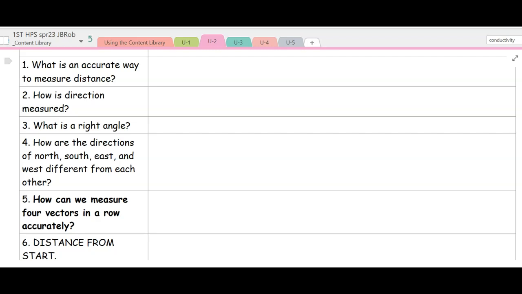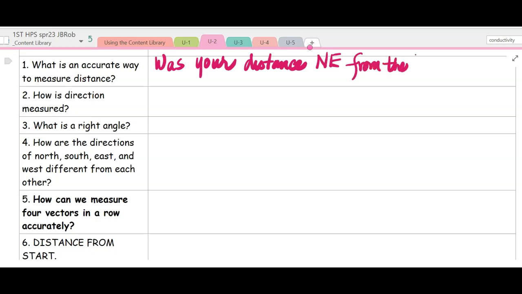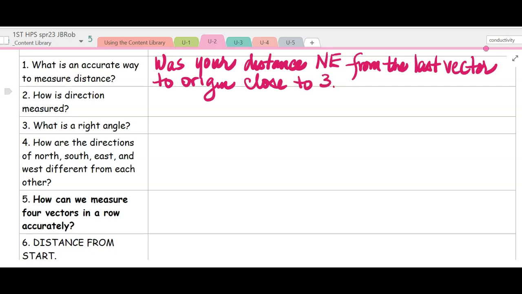So the question is, was your resultant distance, which is actually going to be northeast from the last vector to the origin, close to 3? That's how you know you measured well or not.